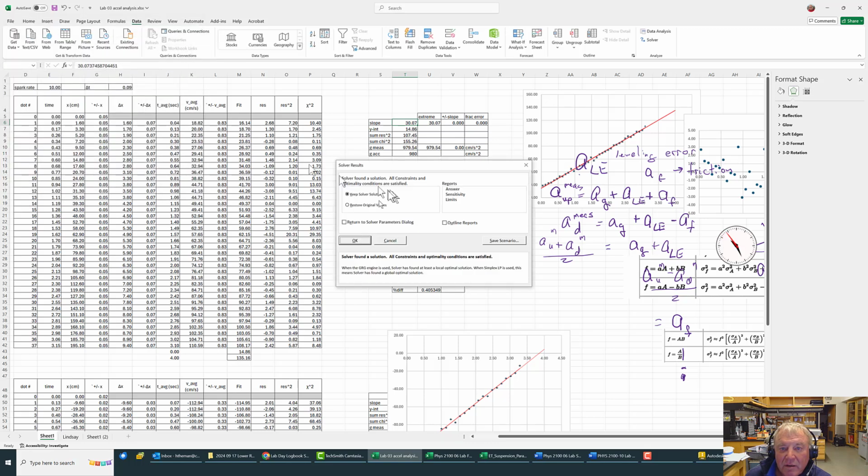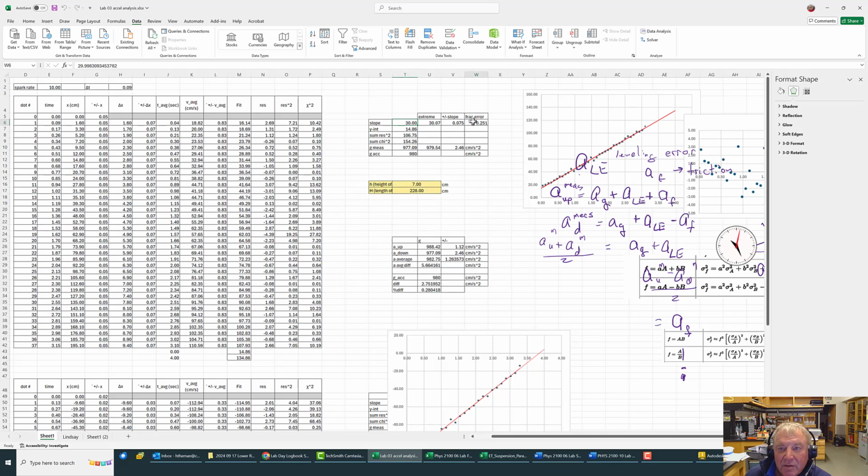I'm going to solve, and yeah, look at that, the sum of the chi-square is the same. So we have a 0.25% fractional error, and the difference is 0.28. So that's pretty good. I basically say that we've declared victory here.